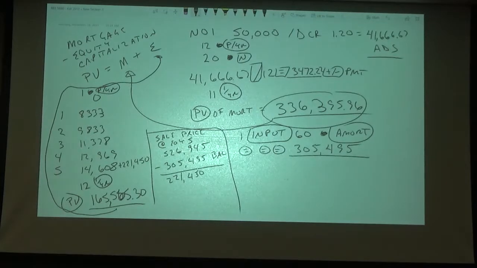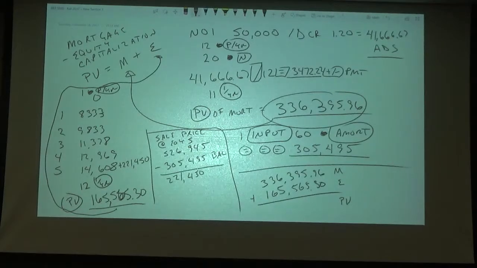Okay, so all we're going to do is take the 336,395.96 plus the 165,565.30, add them together. So this is our mortgage value, this is our equity value, and this is going to be the overall present value for the mortgage equity capitalization.